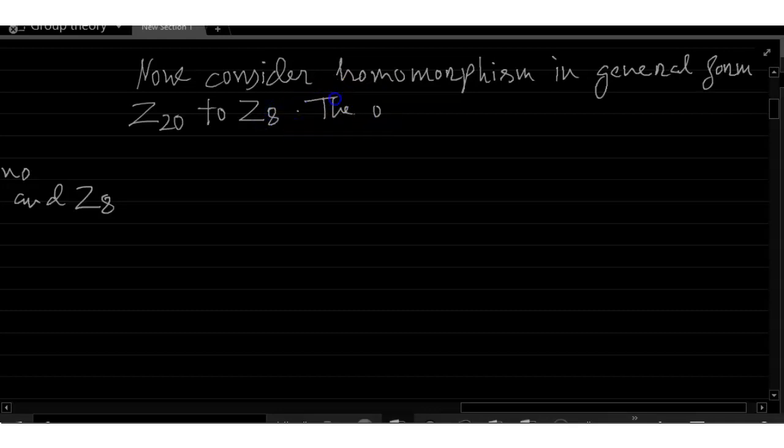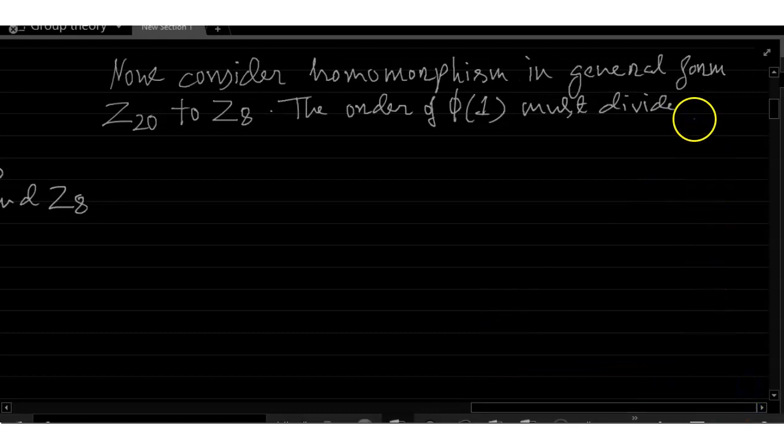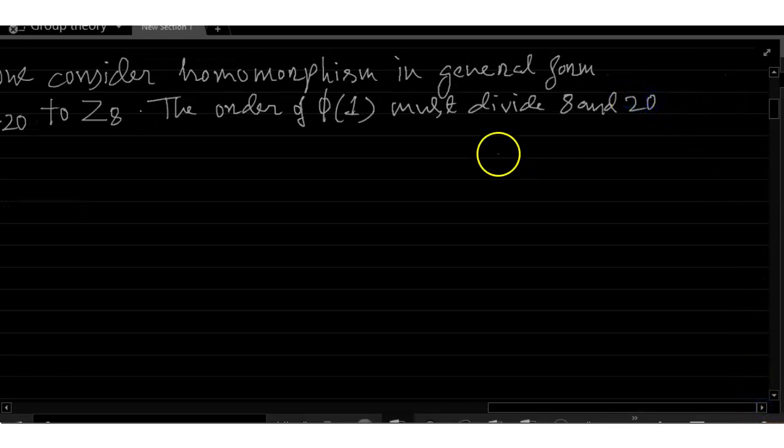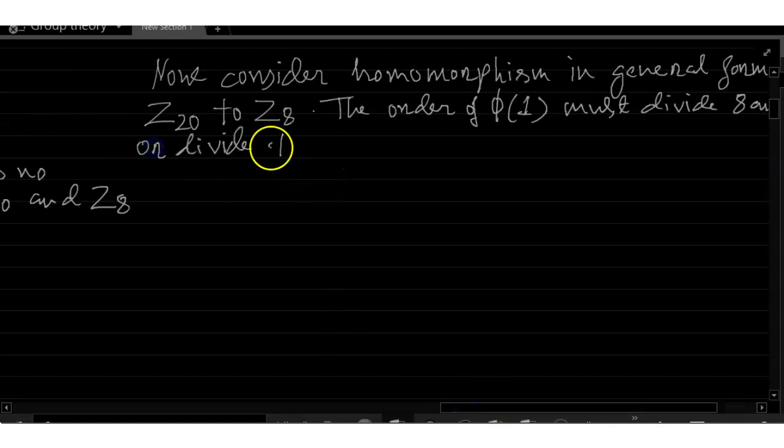The order of phi(1) must divide 8 and 20, or the GCD of 8 and 20, which equals 4.